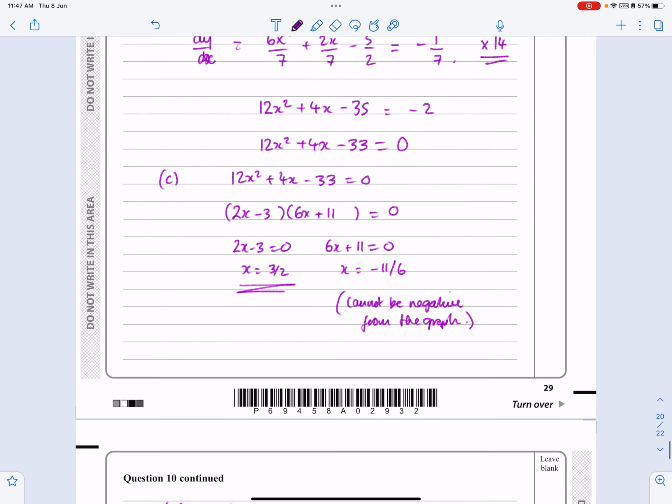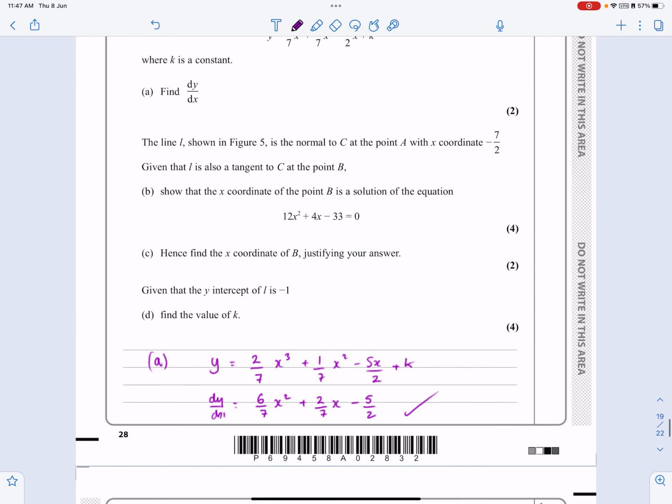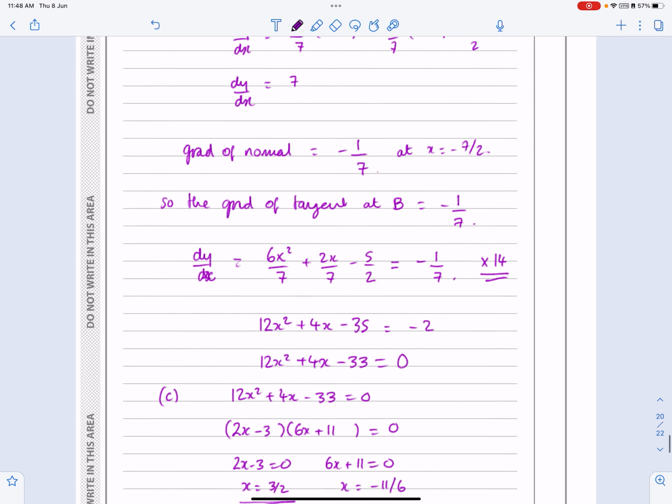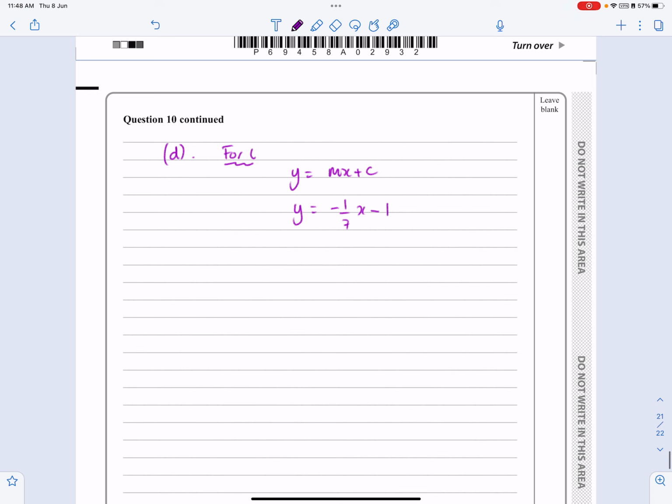So if I want to now find point A there, point A is when x equals minus 7 over 2. For point A, x equals minus 7 over 2.